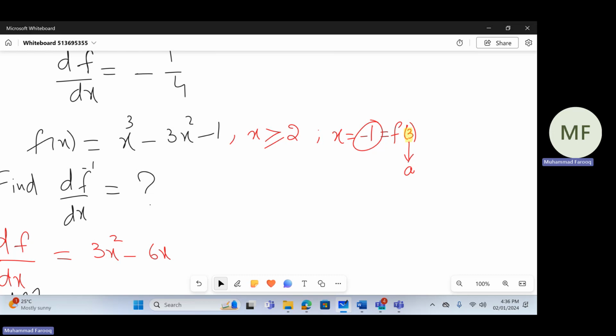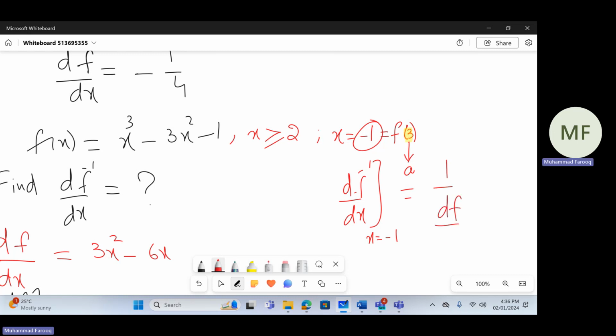If I explain this -1, it says the inverse function derivative at -1, because it's f of a, is equal to the reciprocal of the function derivative at which point, please? This is the meaning of this -1.